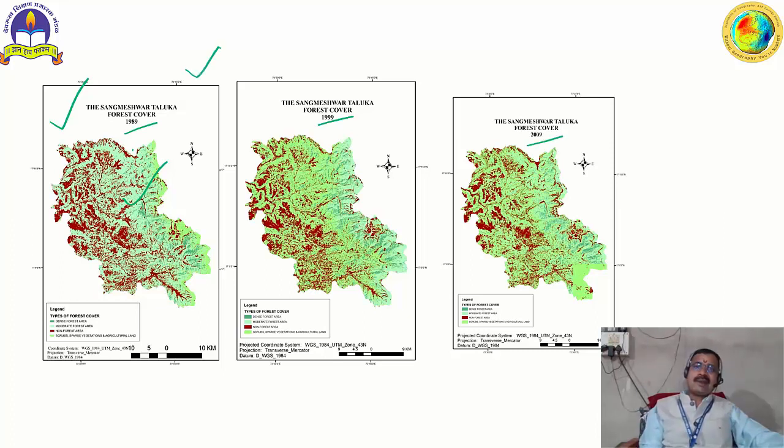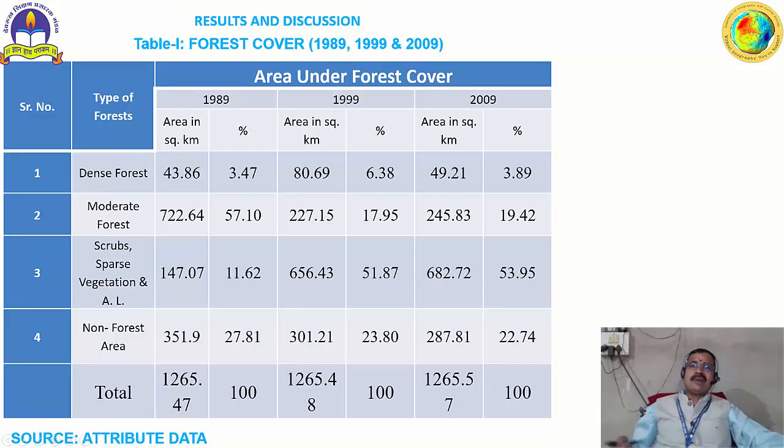You are interested in these results, but beyond that you are more interested in this table, because with the help of this table you can prove how the forest cover is changing with the march of time. At the time of classification of image, we had selected only four parameters, that is dense forest, then moderate forest, scrubs, sparse vegetation, then non-forest area.